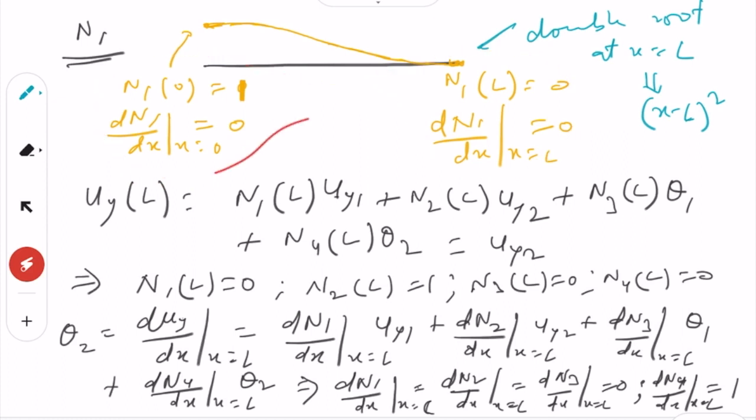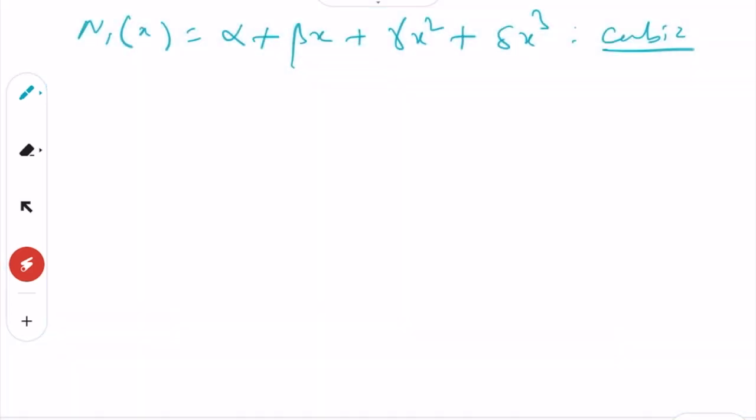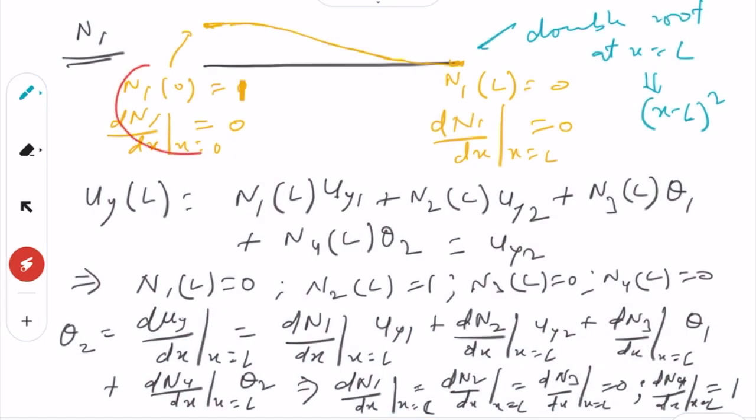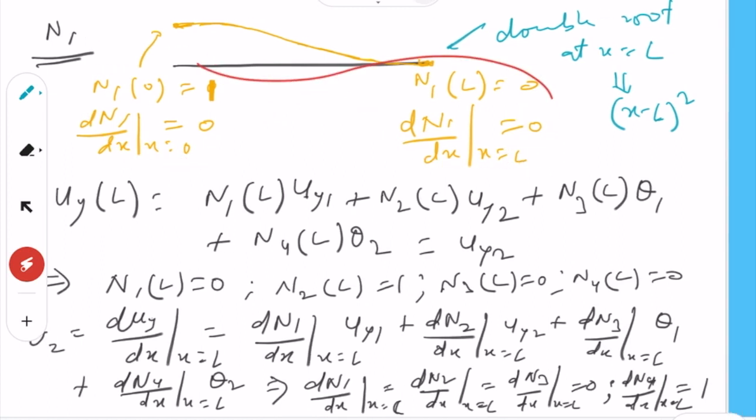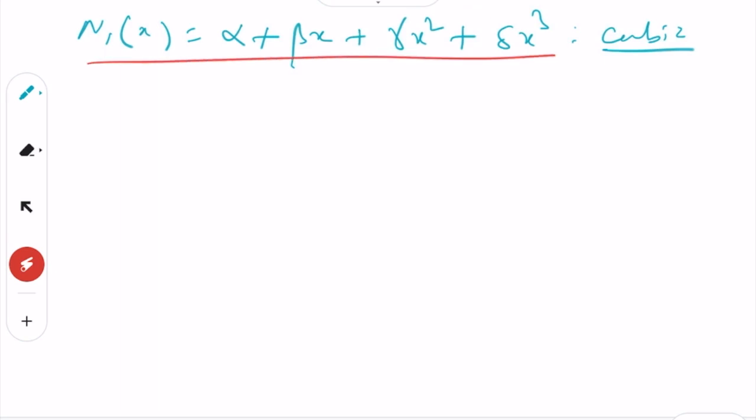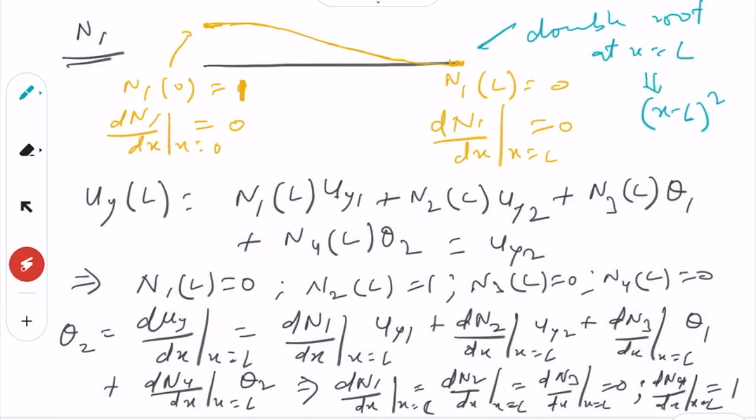In order to find the values of these coefficients, we need 4 equations, and those 4 equations are given like this. So we can directly put these values here and find the values of alpha, beta, gamma, delta. This is one way of doing it. The other way is just looking at the function.